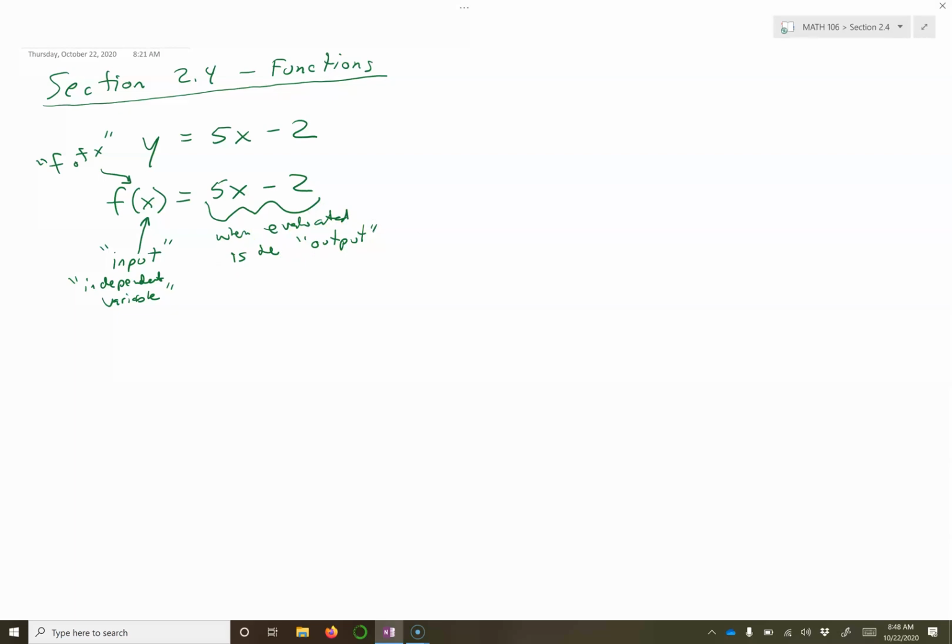Remember, functions have to have an input, have to have an output. And we call that result the dependent variable.